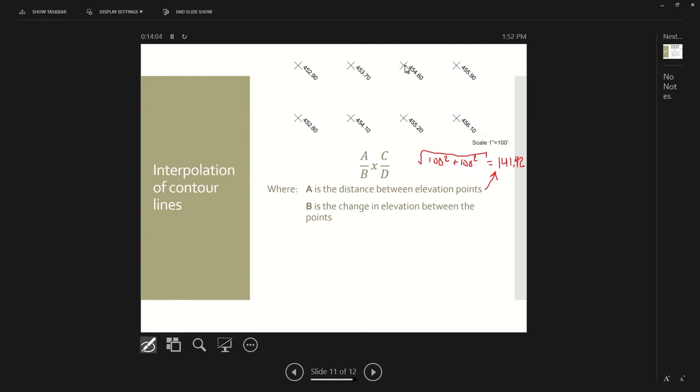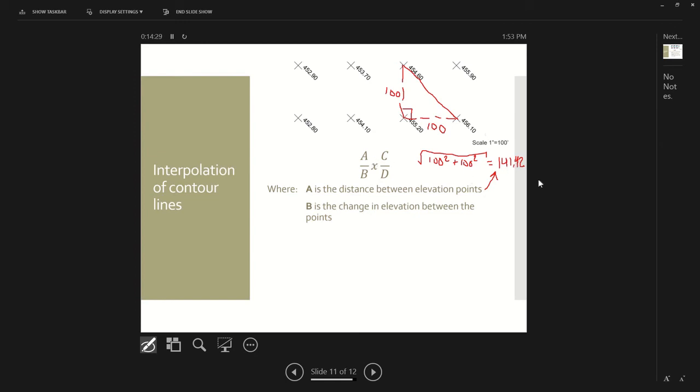This time we'll go from this one to that one. So we have our triangle we're making, the right triangle. This is 100. This is 100. And our hypotenuse is this formula here.